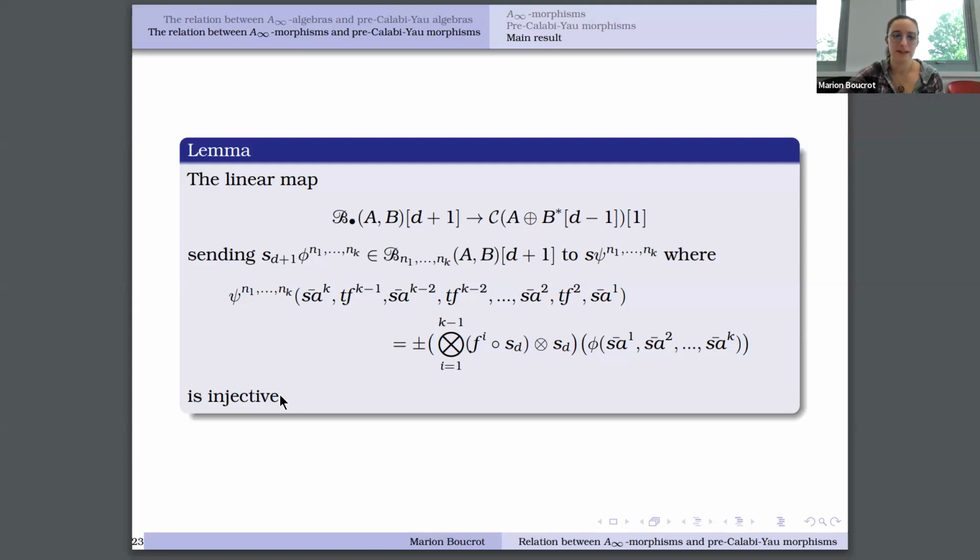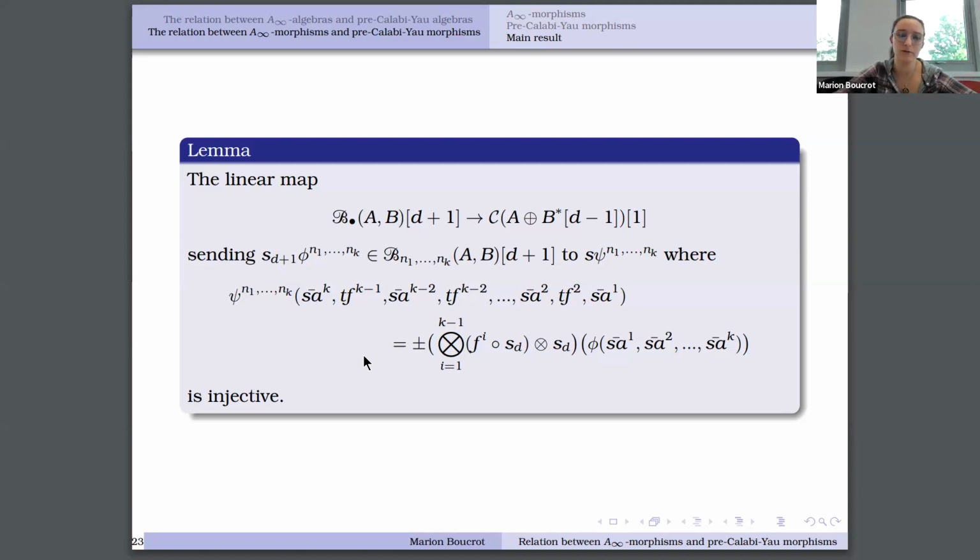So this map is injective, and it's in some sense a generalization of the previous map, that was the map going from the multidual of A to something that is included in the space of Hochschild cochains of A plus A star shifted by D minus 1.